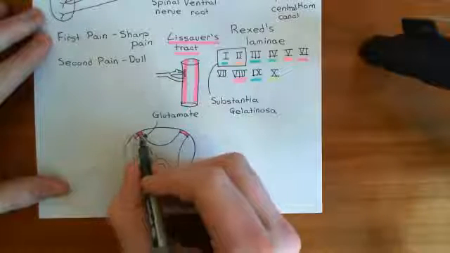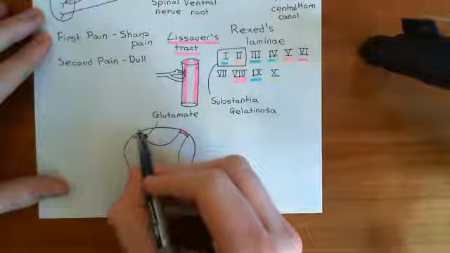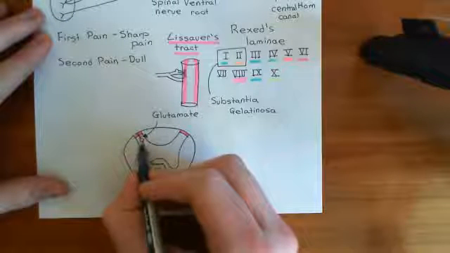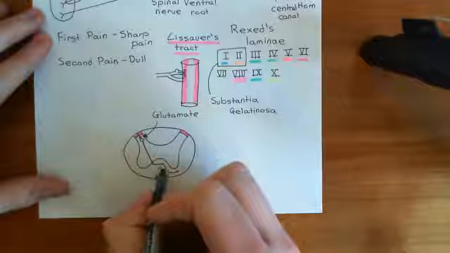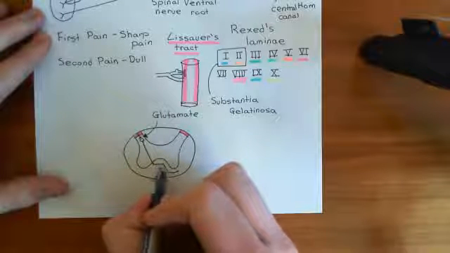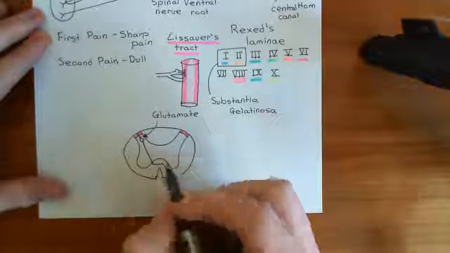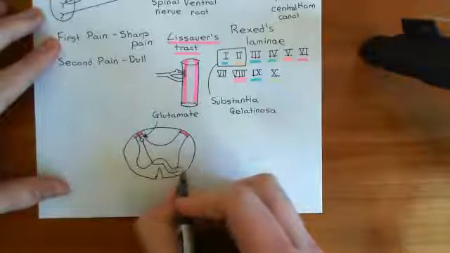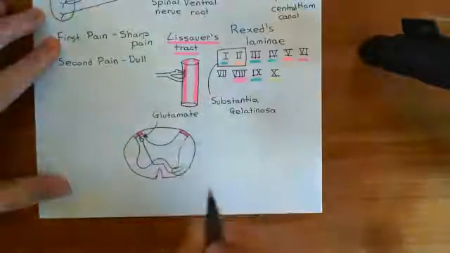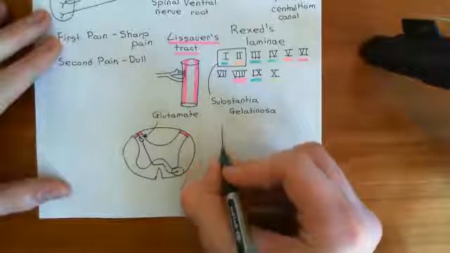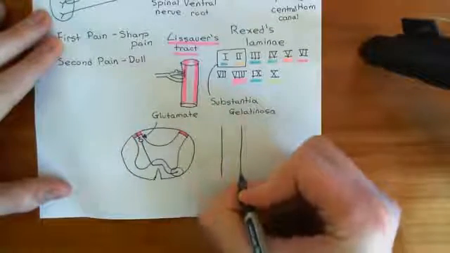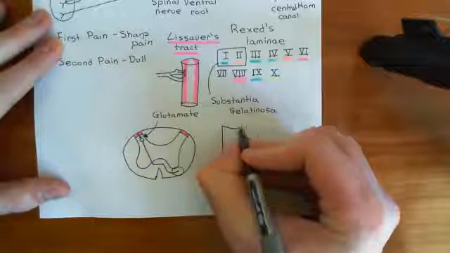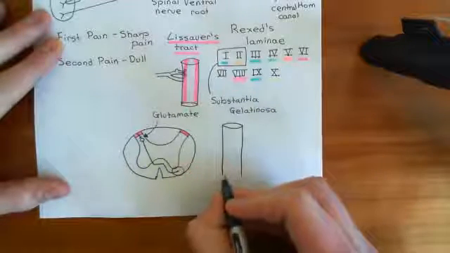There will be absolutely loads of these neurons doing the same thing. So there's loads of primary pain neurons coming in, synapsing on these secondary neurons, which will then cross in this anterior commissure of the spinal cord and into this sort of position over here. And then they will all run up the spinal cord in this position here. So let's show the spinal cord now in its axial position, like so.